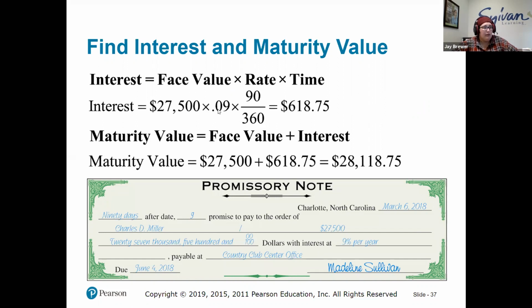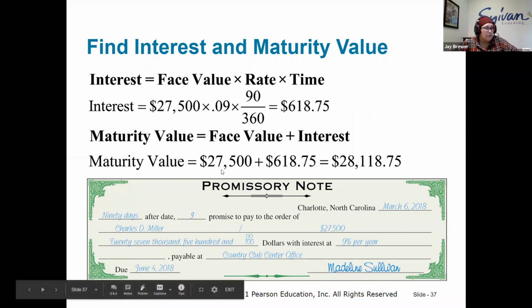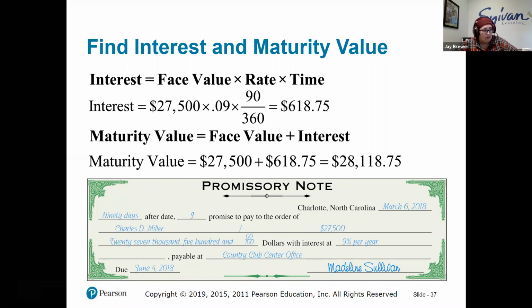We're going to multiply it by the 9%, and then it's 90 out of 360 days. So you get an interest of 618.75, which is great for Charles because he gets another $618.75 tacked onto the face value, which gives the maturity value.